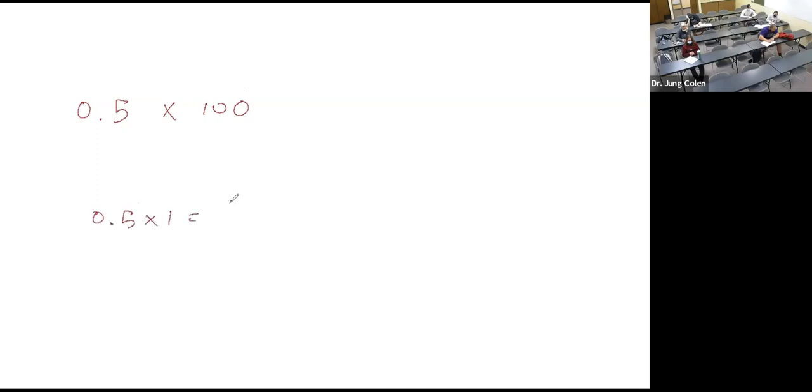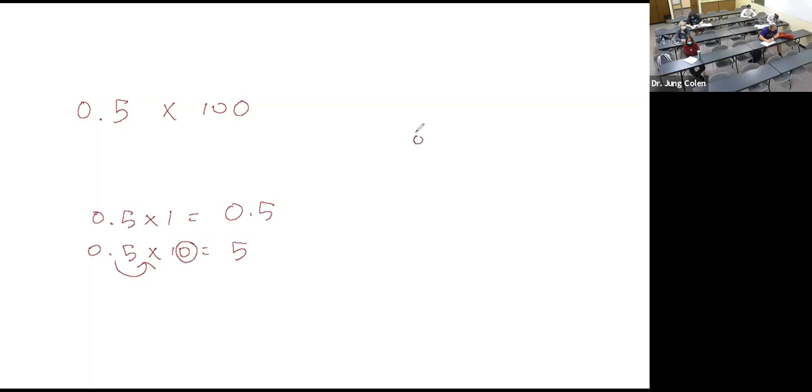What is times 1? That's itself, right? If we multiply that by 10, what happens? That is just 5. What did we do? We just moved the decimal point by one place.